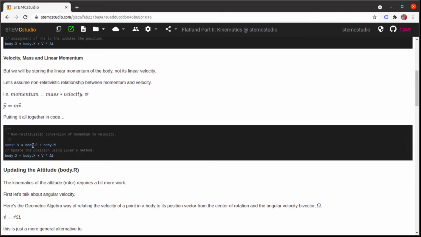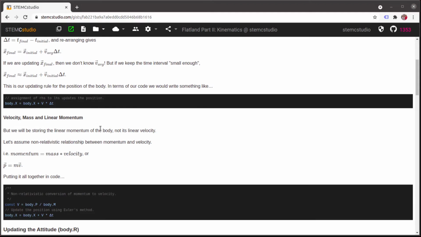The momentum, of course, is going to be a vector in our geometric number, and the mass is going to be a scalar in our geometric number. So we can divide the two to get the velocity. And then the updating rule is just the updating rule we had before. We say the body's position is the original position of the body, this is the initial position, plus velocity times time. And obviously we're in code, so we have to put the explicit multiplication symbol in there.